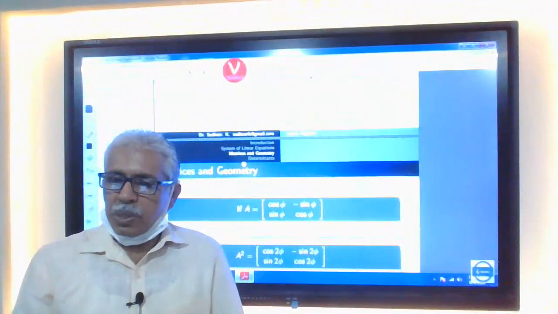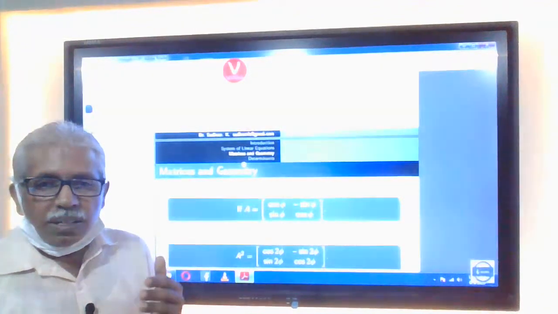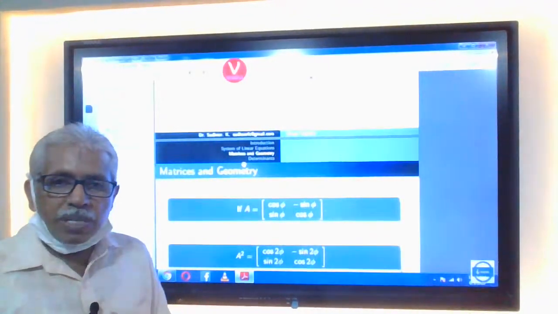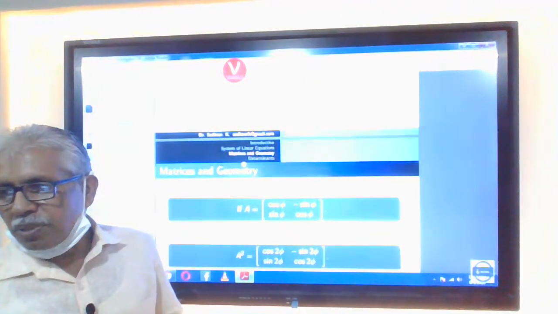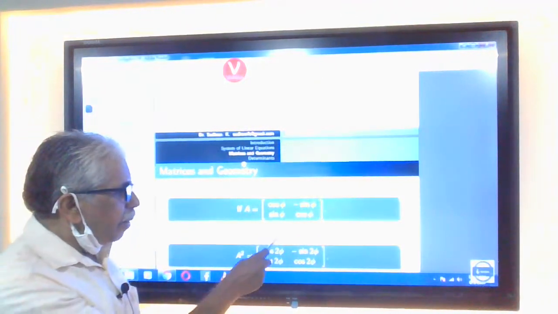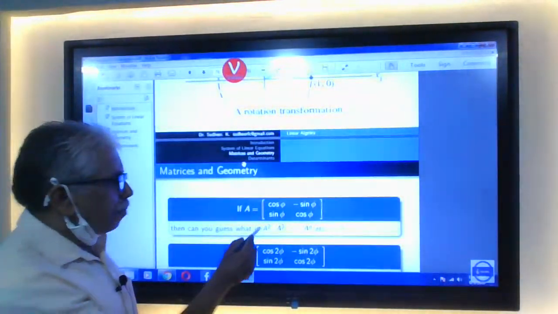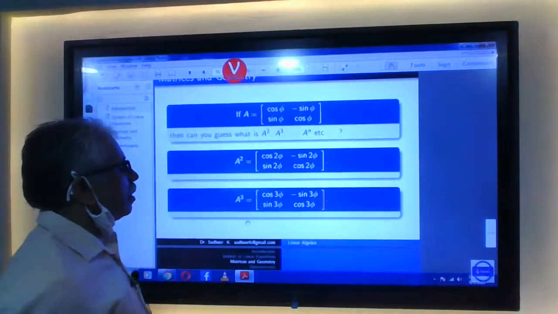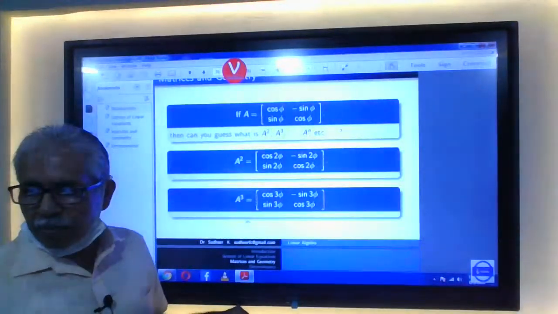If A acts two times, it makes a rotation through an angle phi two times. So effectively, you have made a rotation of two phi. Similarly, A cubed will be the matrix [cos 3phi, -sin 3phi; sin 3phi, cos 3phi], etc.